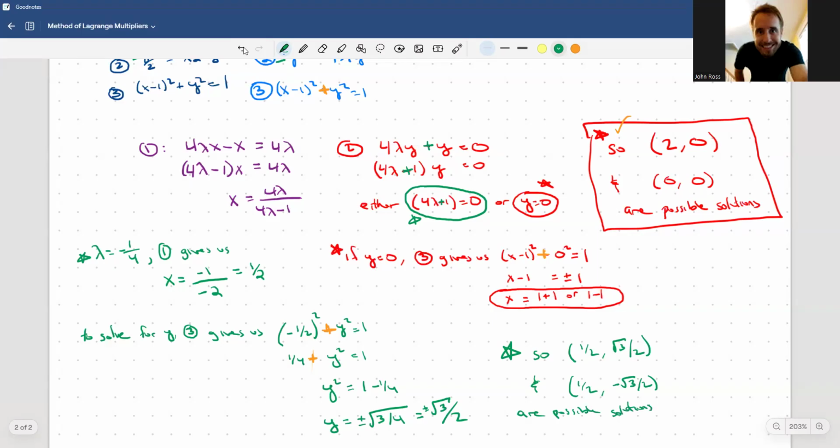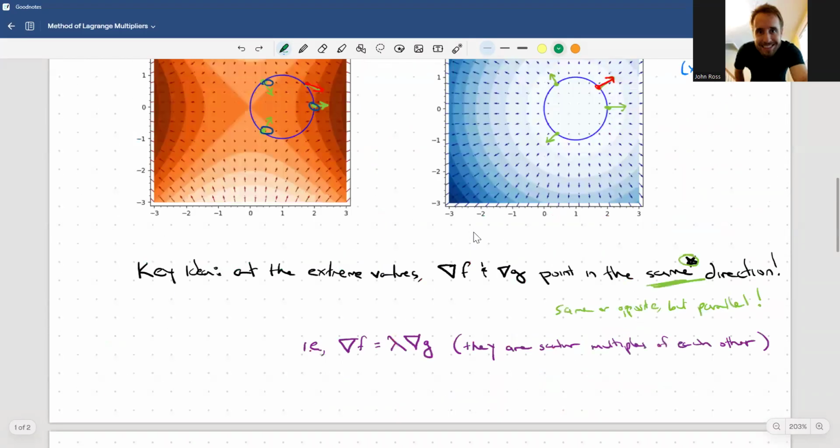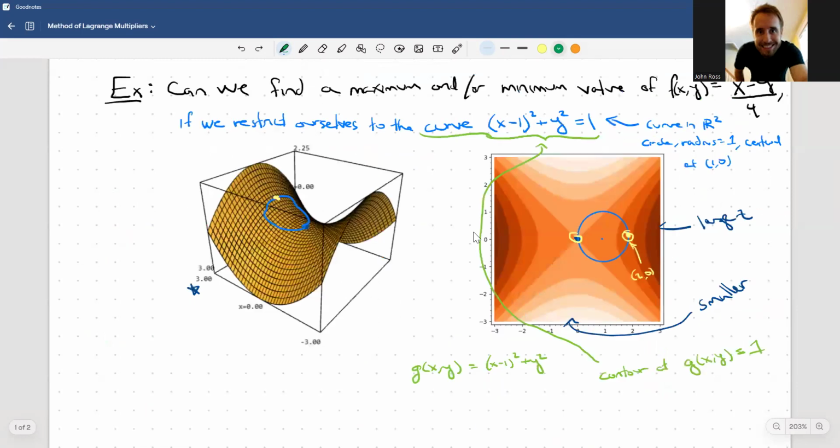All right. And so that gives us 4 points of interest on our original curve that might be possible maxes or mins on the curve itself to the function f of x. I'll go back up and I'll mark those last 2 points, and those happen to be exactly the points that I kind of eyeballed earlier.